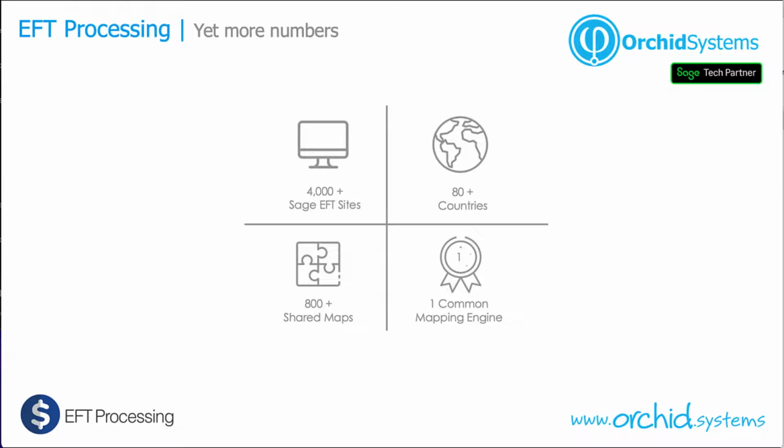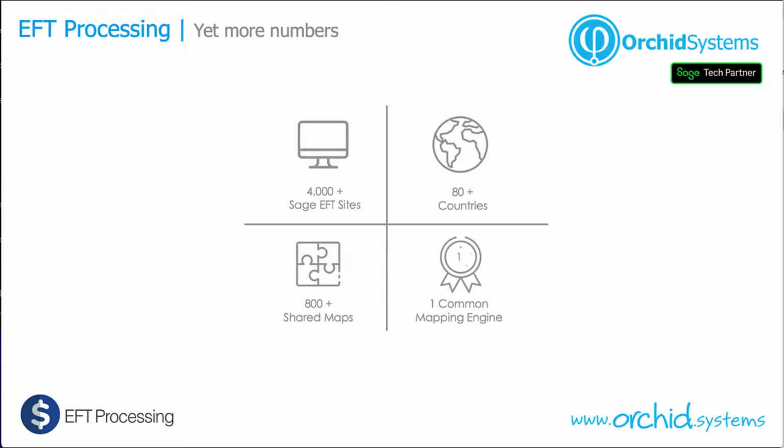And now some more stats for you, more numbers, this time relating specifically to the EFT processing module. We have over 4,000 Sage EFT sites in over 80 countries around the world.